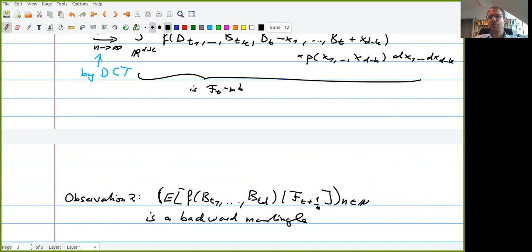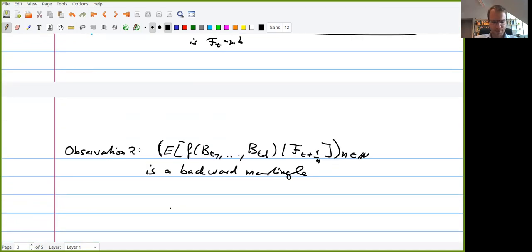If you look at the definition of a martingale, there's nothing special about the filtration. You could take any. The filtration here is somewhat shrinking. That's all it is, and this is why it's called backward.